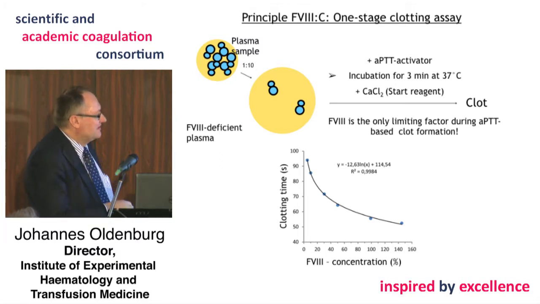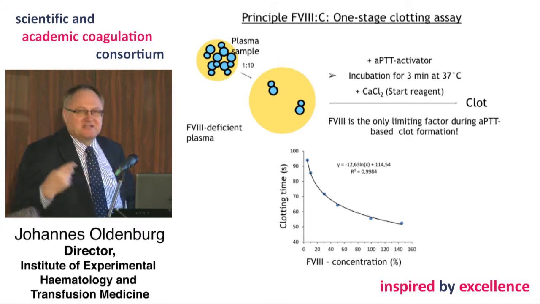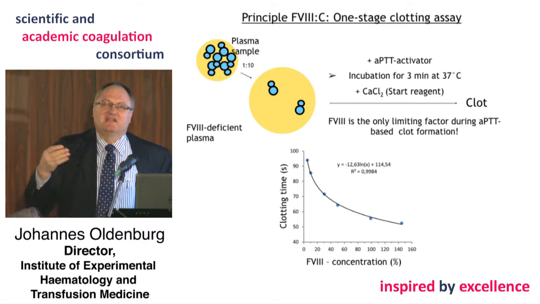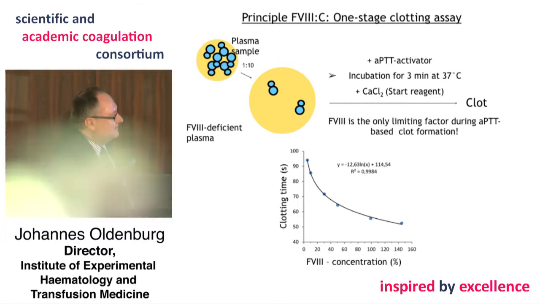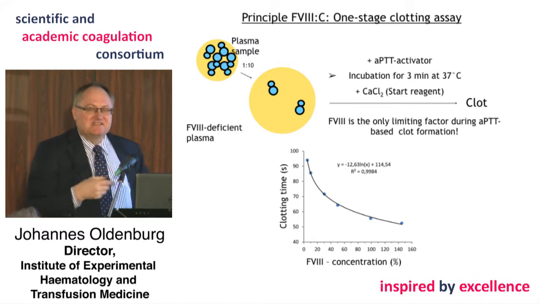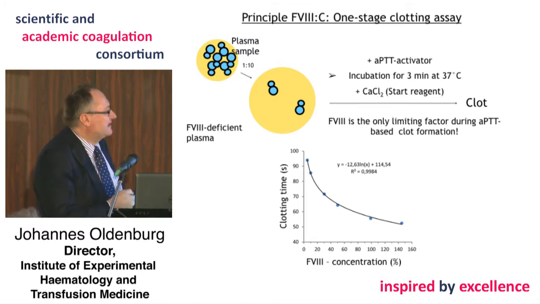We have the clotting time, and we have here the factor VIII concentration, and it's a sigmoidal curve. It's a curve where at higher factor VIII concentrations, the clotting time is not really differential, so then we have to dilute the sample to get in this area where we can really distinguish activities with respect to the clotting time.